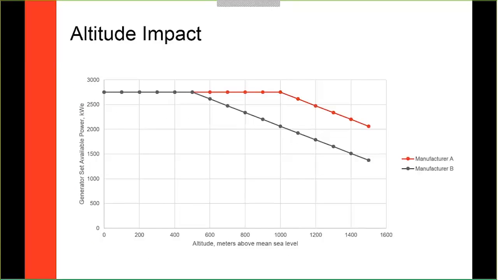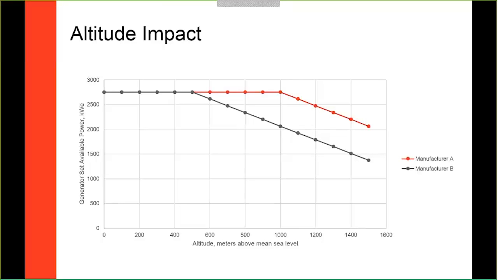What you're looking at here is a chart depicting the altitude performance of two different generator sets manufactured by two different generator set manufacturers. The red line indicating manufacturer A and manufacturer B, and we're assuming that the temperature is constant across these.